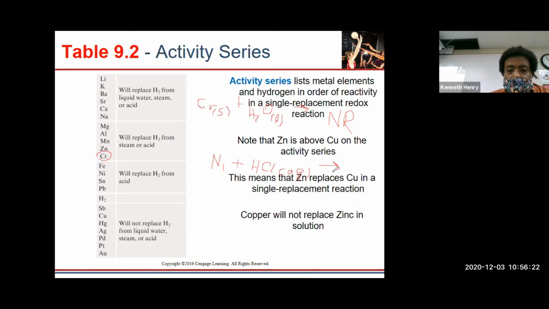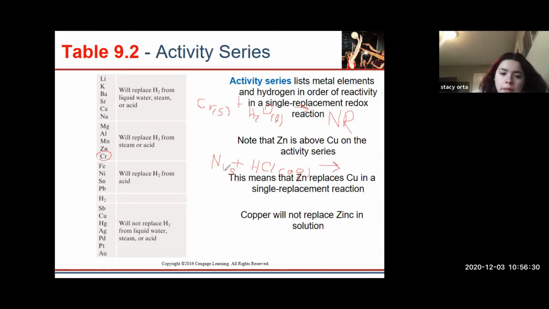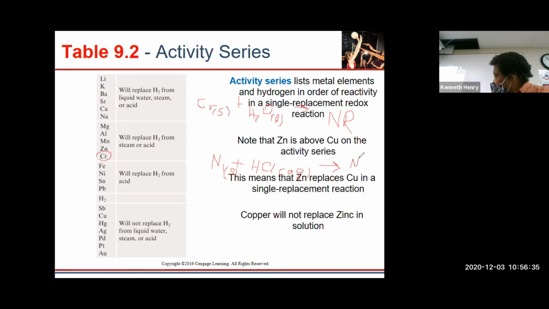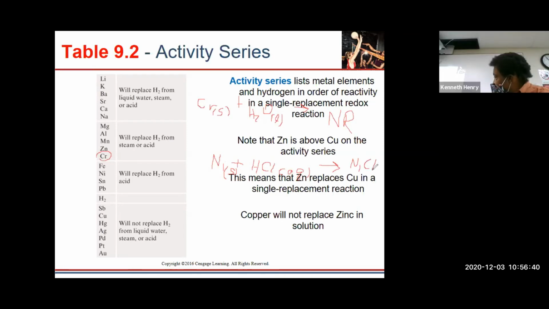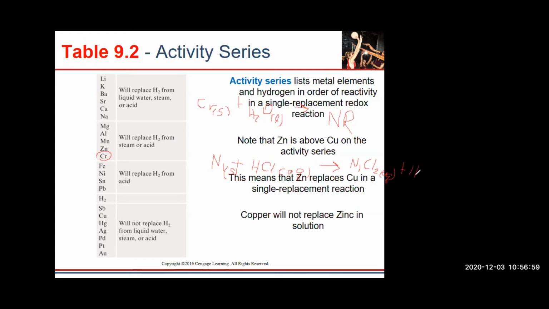Okay, so if we have nickel and hydrochloric acid, what's going to happen there? The nickel's going to replace the hydrogen. So you're going to end up with nickel 2 chloride and, not water, hydrogen gas.